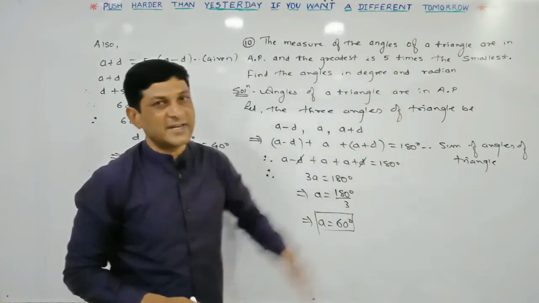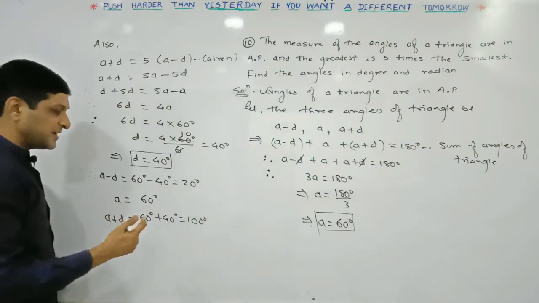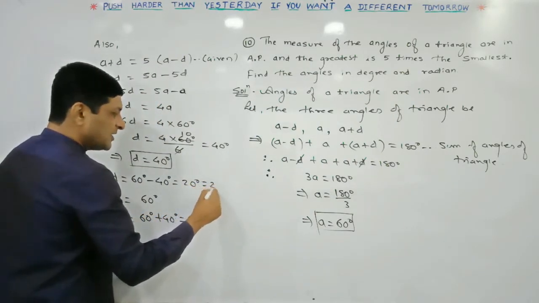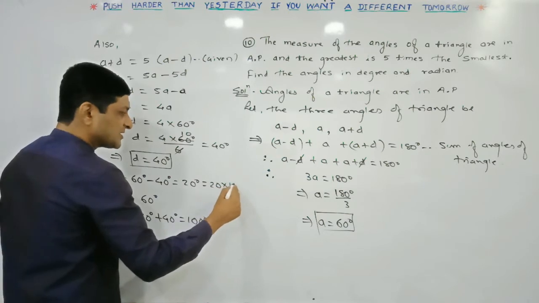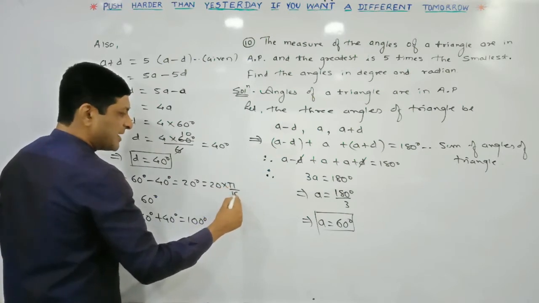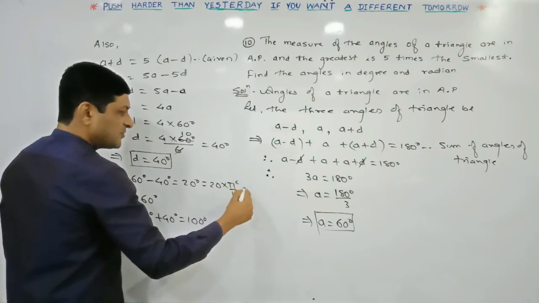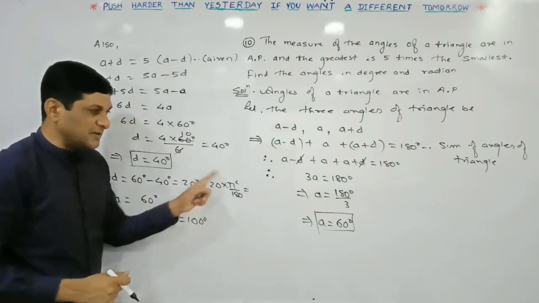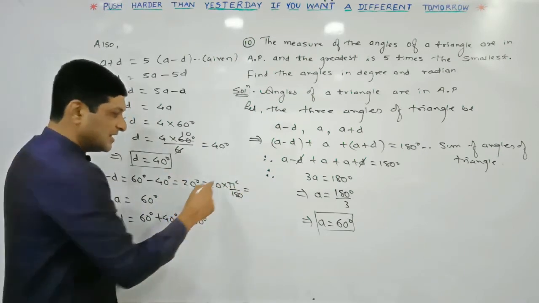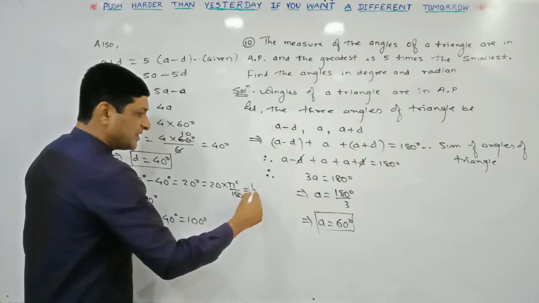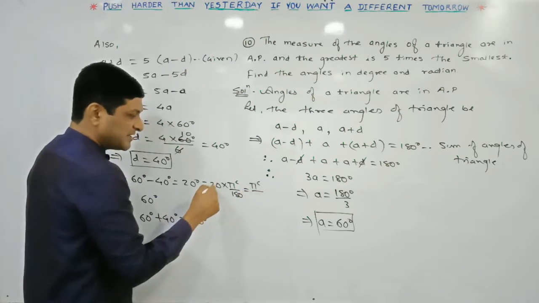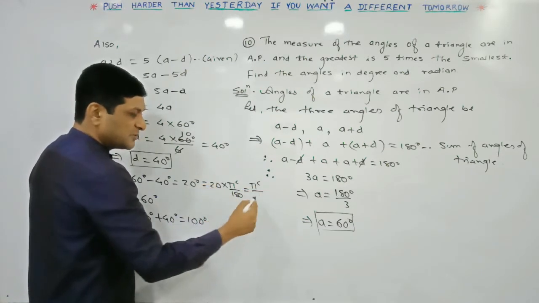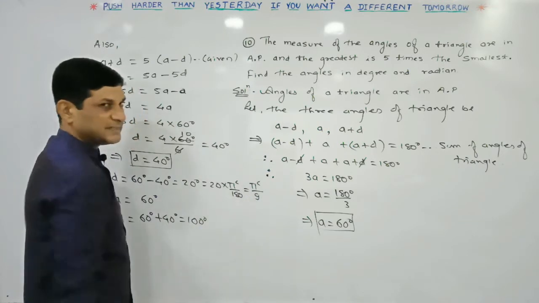We even have to find out the angles in degrees and also in radians. Since we have to find the radian measure, to convert this degree measure into radian measure, we simply multiply it by pi by 180. We know that if we multiply by pi by 180, degrees will get converted into radians. Both the numbers are divisible by 20. If I divide the numerator by 20, we will get 1. If we divide the denominator by 20, we will get 9.